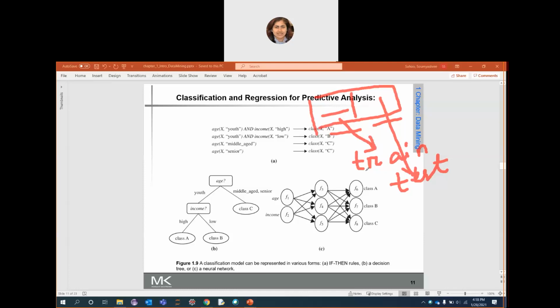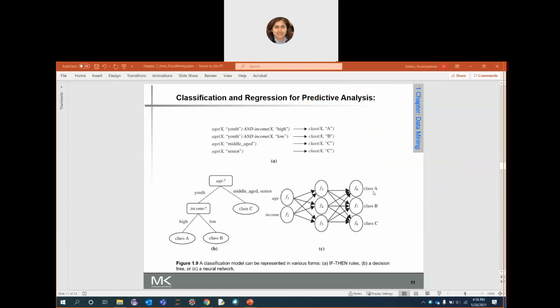You first train on the data using that model, and then apply the output from the training part to the test part to see whether you are getting an accurate result. These are different ways of data partitioning, and it is also helpful in the classification process.